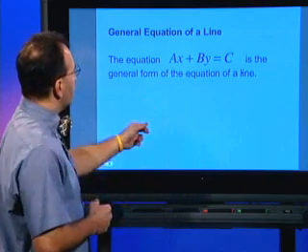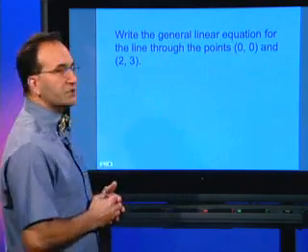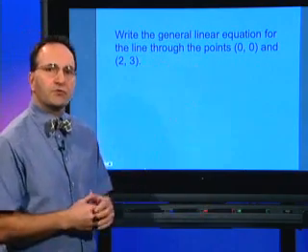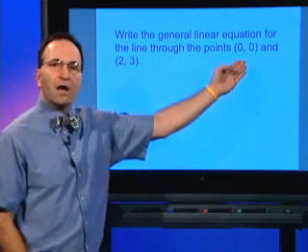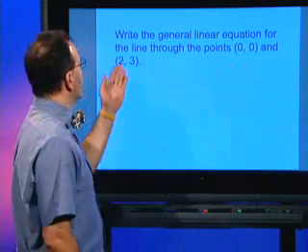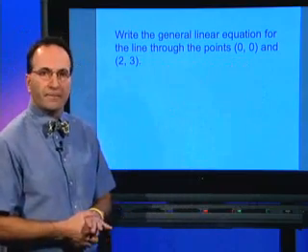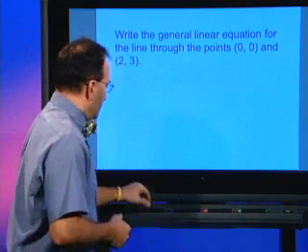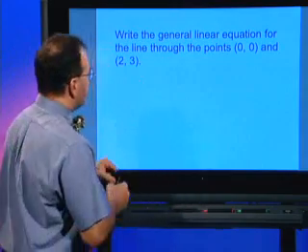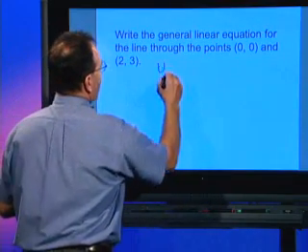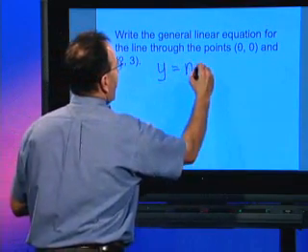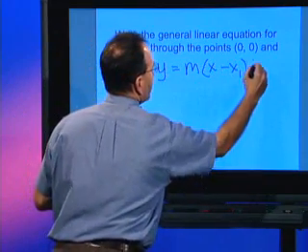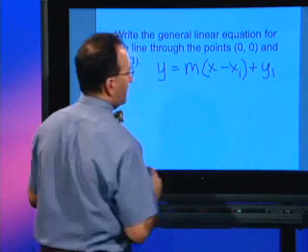All right, let's look at an example. Write the general linear equation for the line that goes through the points 0, comma 0 and 2, comma 3. The first thing then is to use our formula, which tells us that y is equal to m times x minus x sub 1, plus y sub 1.